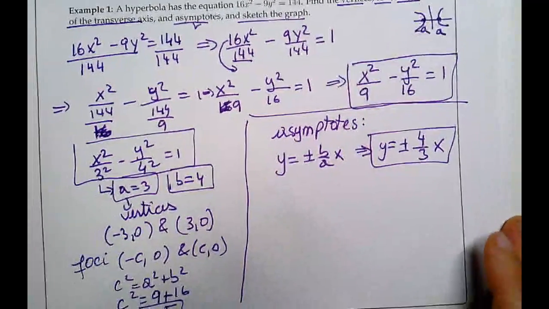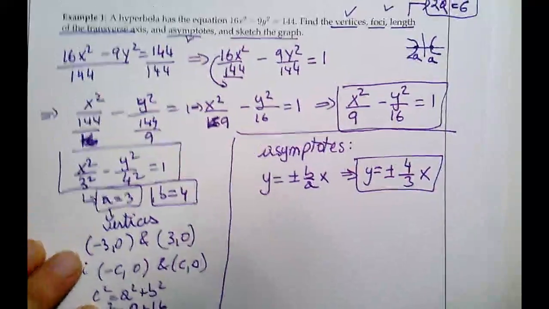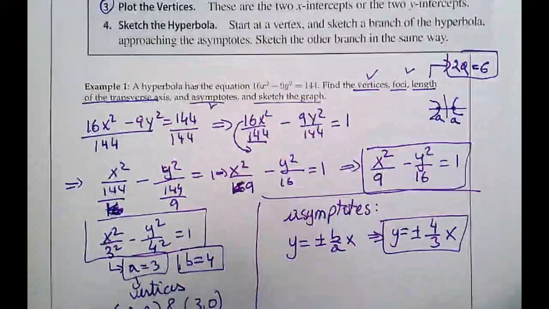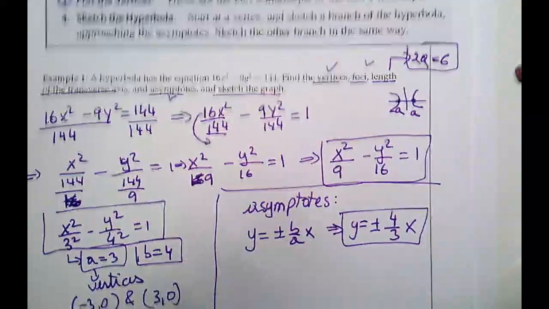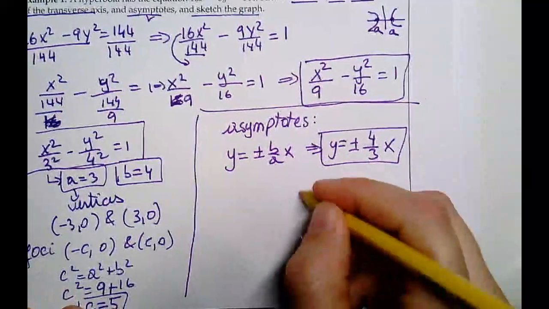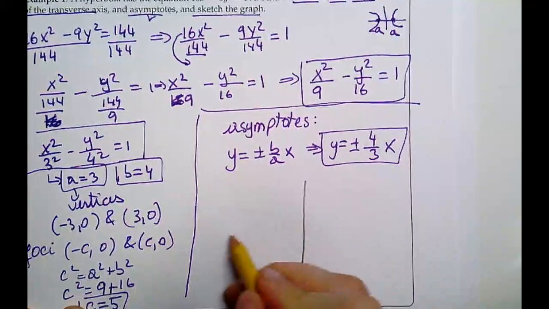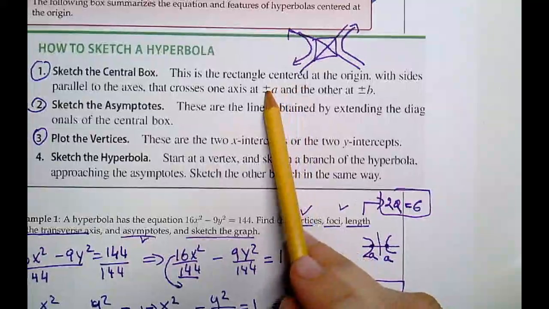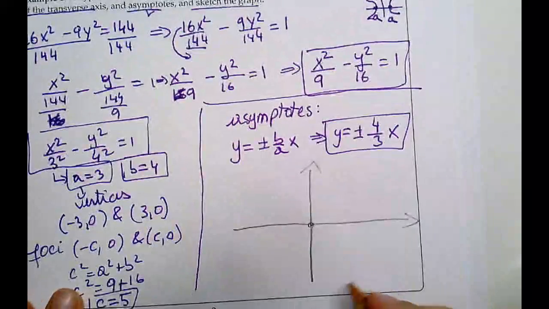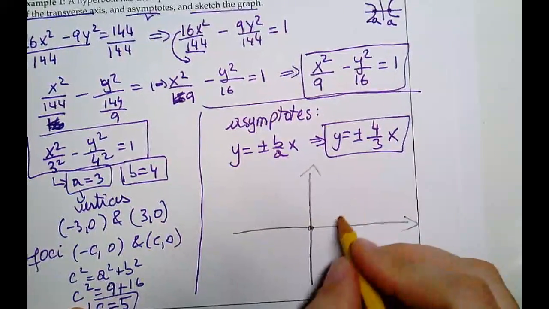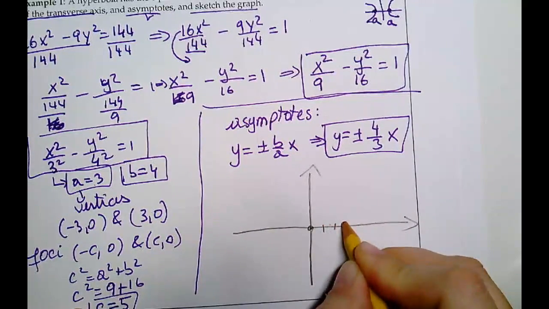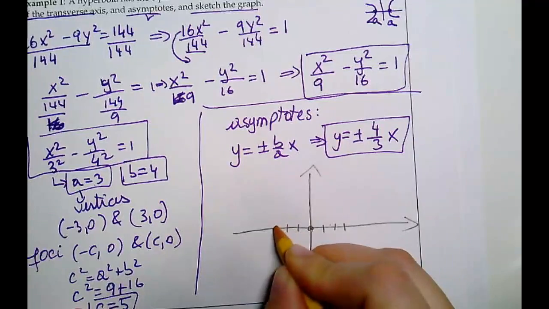Okay, so to graph the hyperbola now, we're going to follow these steps. So we're going to sketch the central box first. So recall the central box is just the rectangle that goes through the origin, and it has the corners plus or minus a and plus or minus b. So a is 3, so 1, 2, 3, 1, 2, 3.